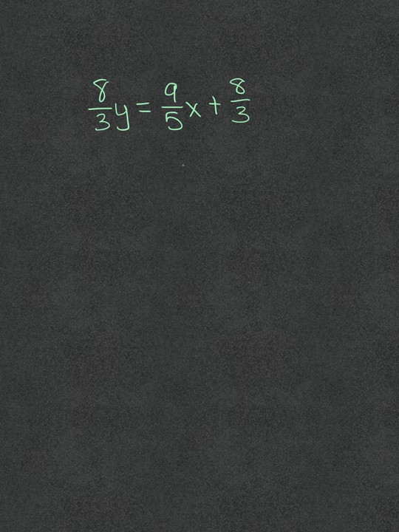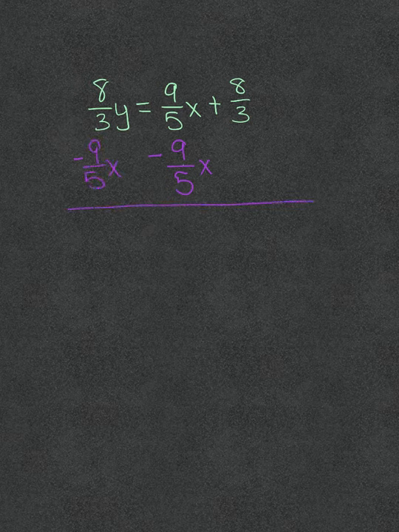To get the x and y on the left-hand side, I'm going to move the 9/5 x from the right to the left. To do that, it's a positive, so I'm going to subtract 9/5 x. And what I do to one side, I've got to do to the other. Now, I can't combine an x and a y, so I'm just going to write them down.